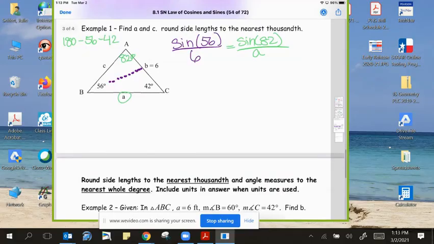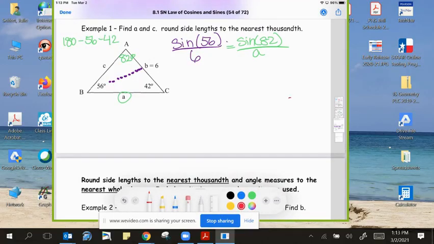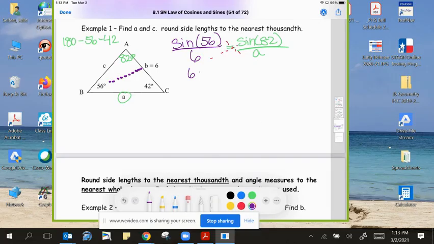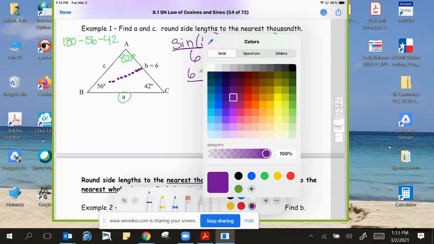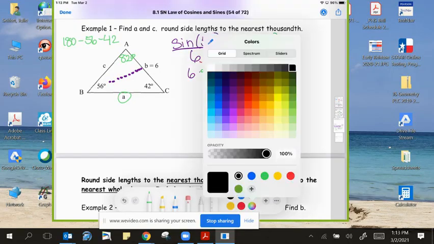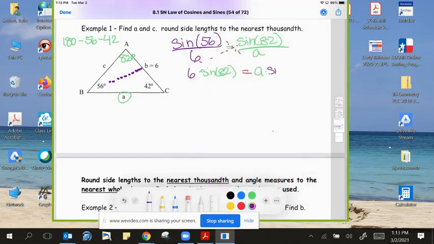To solve this for A, think cross multiplying. 6 is multiplied by sine of 82, and that's equal to the A we're looking for times sine of 56.